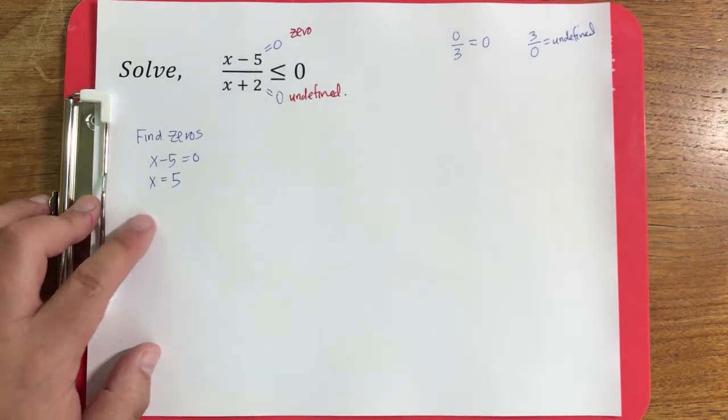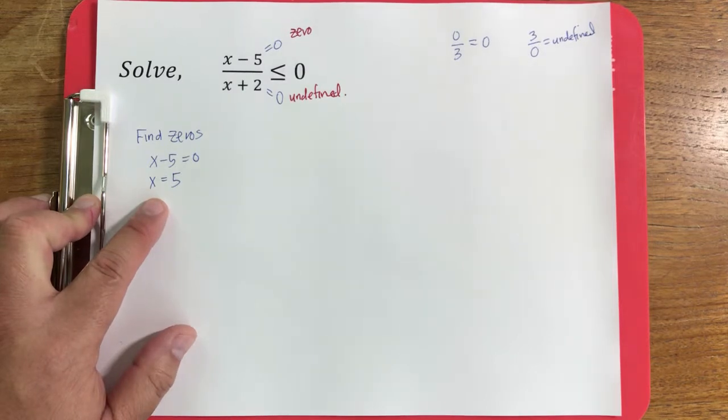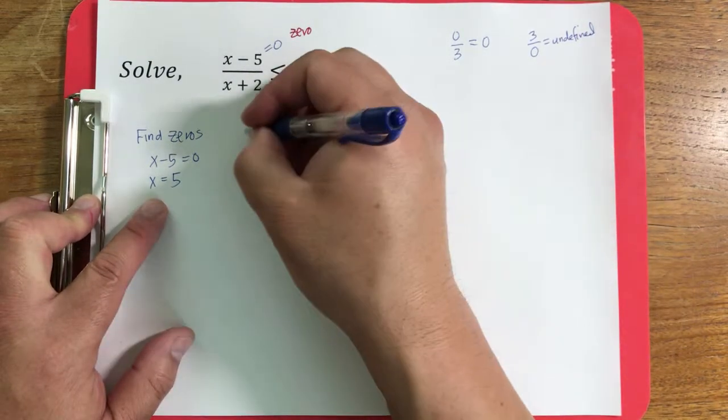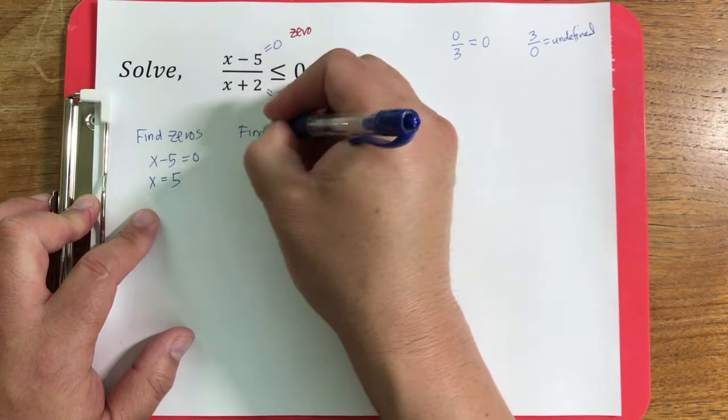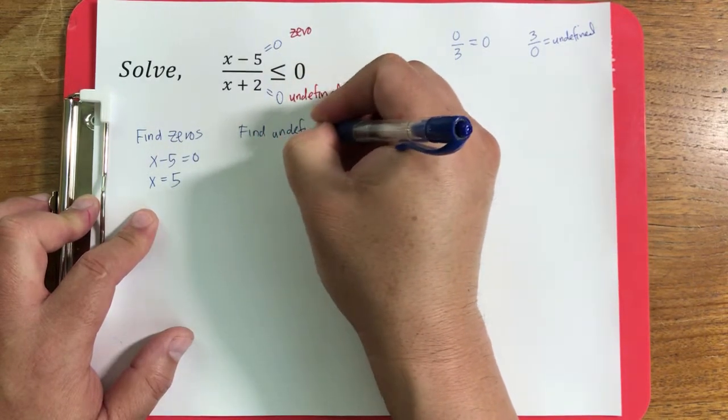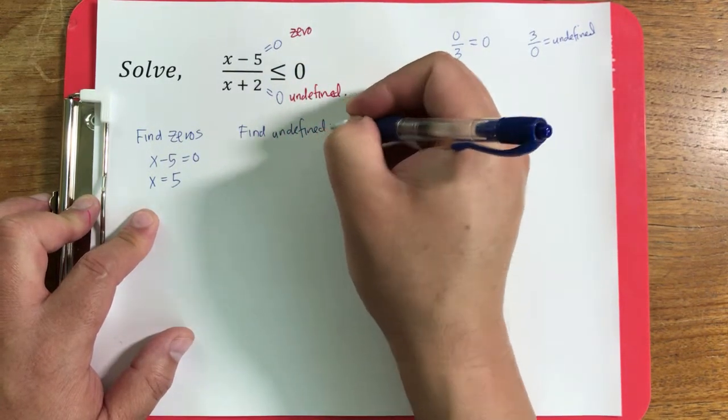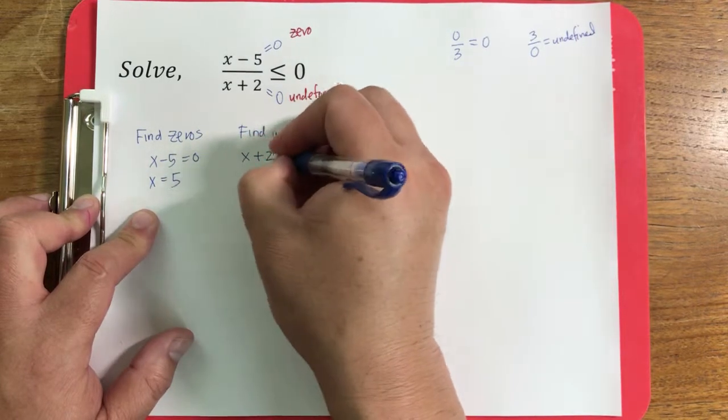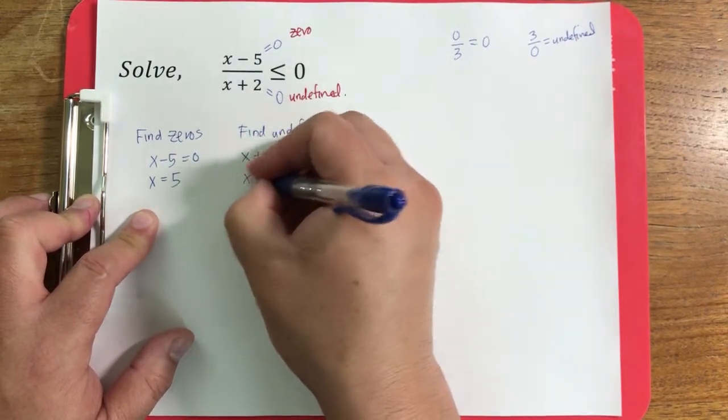Okay, so we have a 0 at x equal 5, and then I want to find our undefineds. So that's when the denominator is equal to 0.